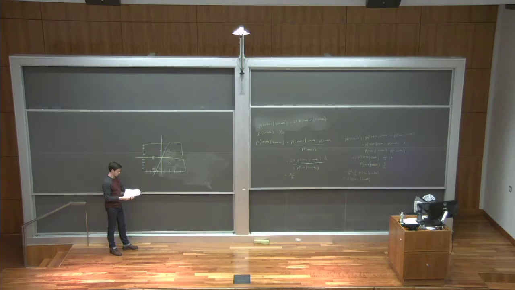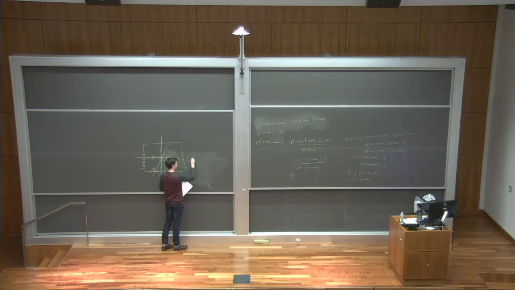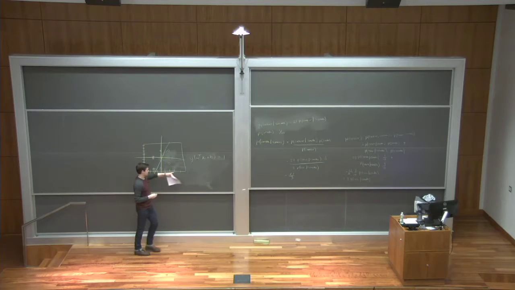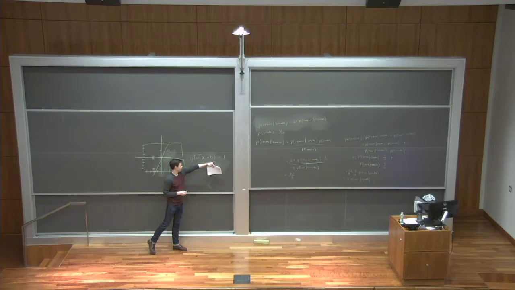So the support vectors are the ones for which the margin in the hard SVM case is equal to 1. So what does that mean? That means that y times w transpose x. So this is the margin between the data point and the boundary.